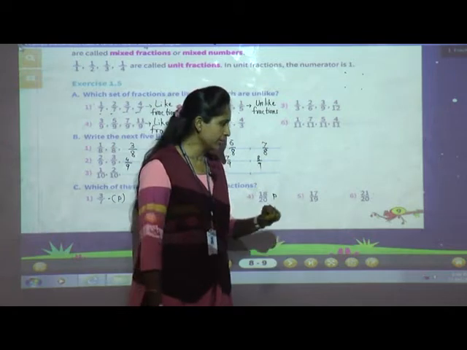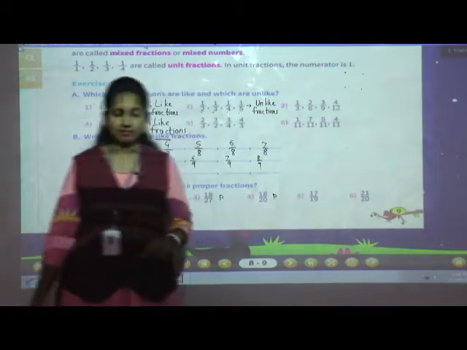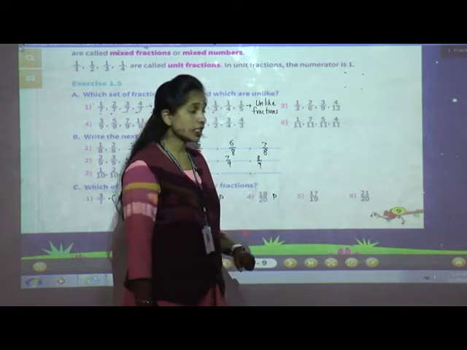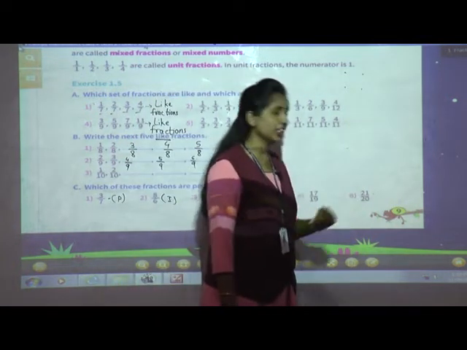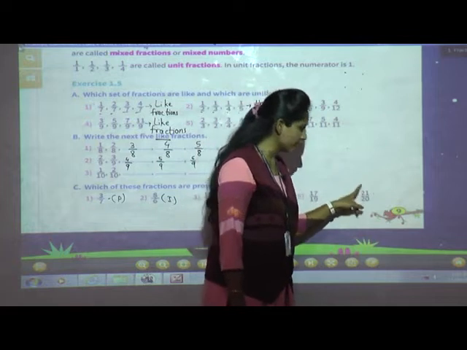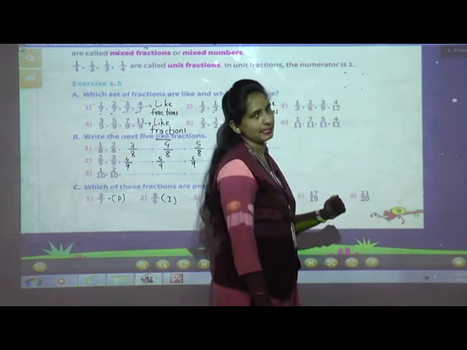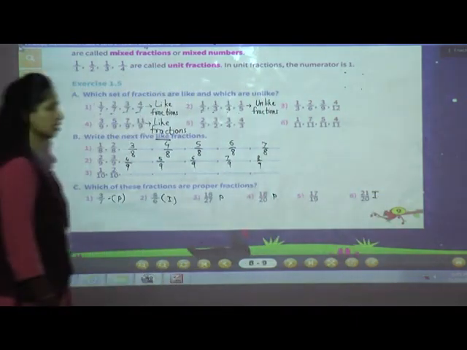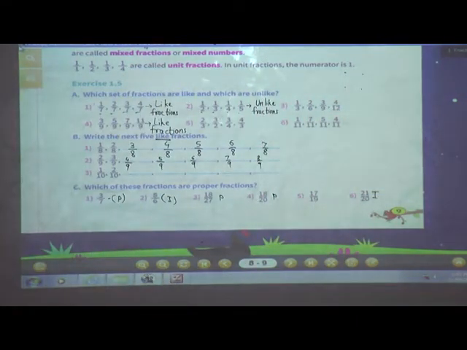Now 17/19, you do by yourself. Now see the sixth one, 21/20. The numerator is greater than the denominator. In the numerator place 21 is there, in the denominator place 20 is there. So this is an improper fraction. Now the next example.